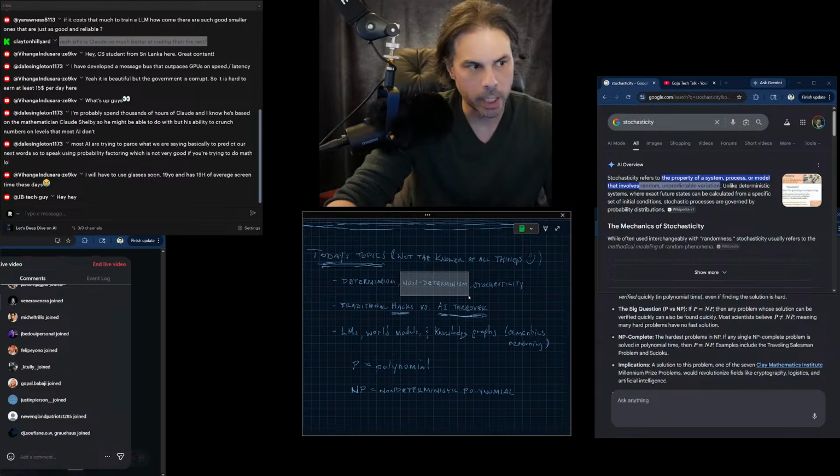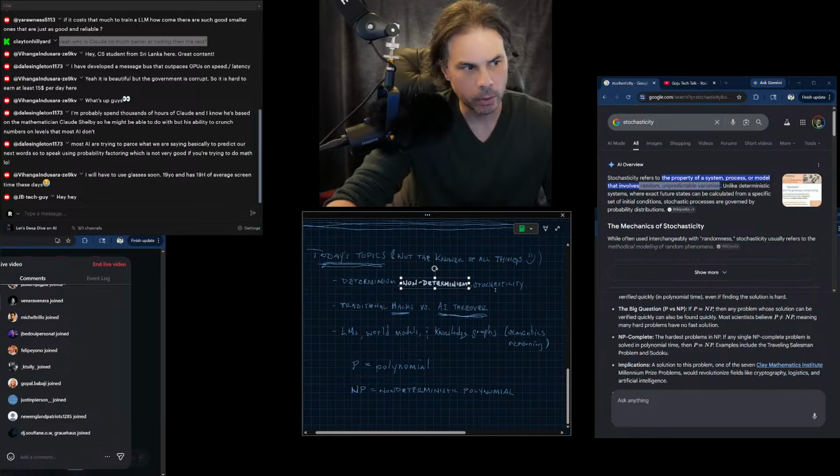It's non-deterministic in latency. It's not non-deterministic in output. That word is stochastic. That's stochasticity.